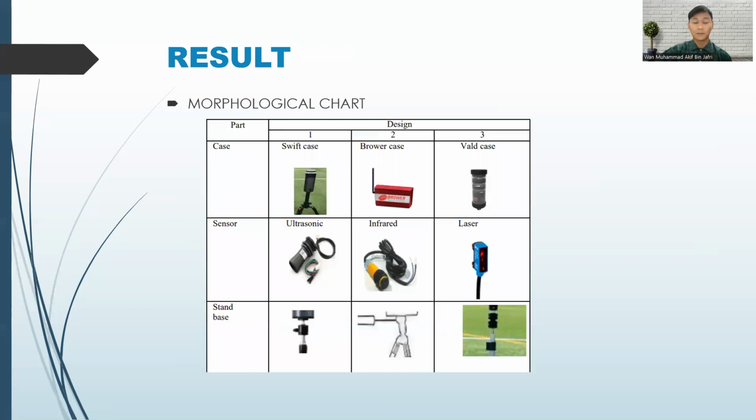Okay, this is for the result. The first one is a morphological chart. As you can see, there's a case, sensor, and stem base. The first one is designed for shift case, broad case, and bulk case, and for the sensor, we compare ultrasonic, infrared, which I said is commonly used nowadays, and laser.